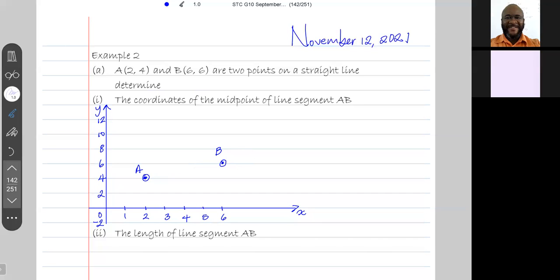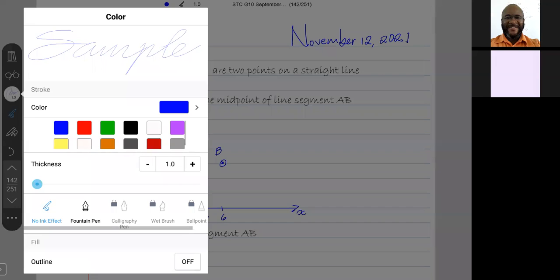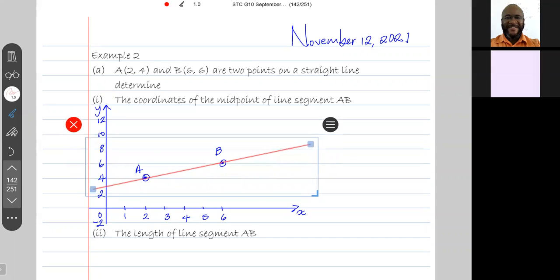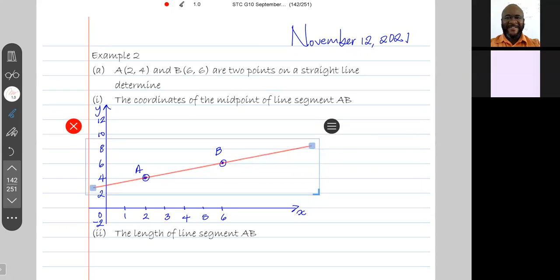Let me change the color of the line. So there's a straight line passing through those 2 points. All right, so this is the straight line AB, and it's passing through the point A and the point B. So this is a diagrammatic representation of what is being said in the question.